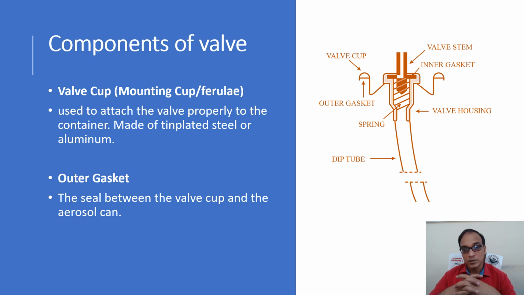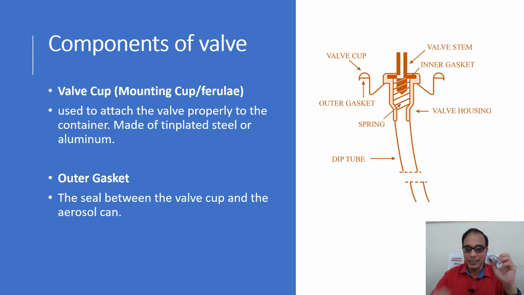Valve cup, the upper part, that mounting cap, is called ferrule. It is used to attach the valve properly to the container. It is generally made of tin plated steel or aluminum. Then comes outer gasket. It is the seal between the valve cup and the aerosol can. Okay?